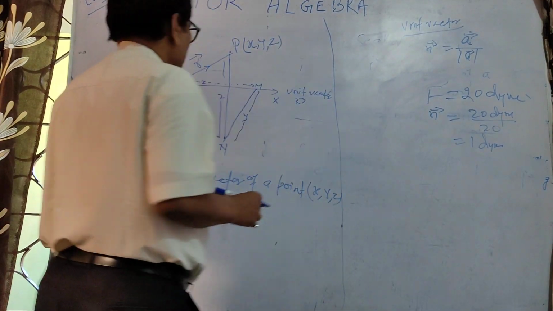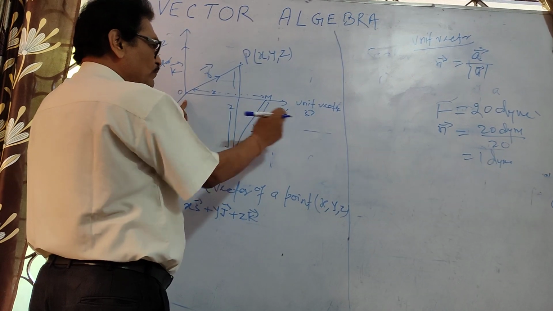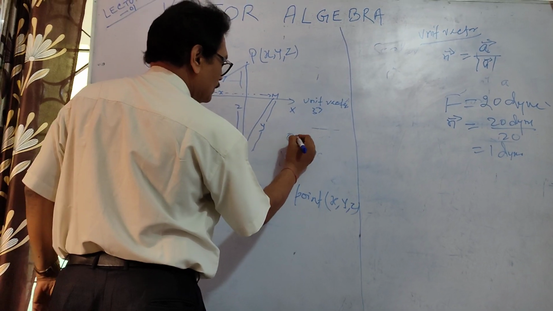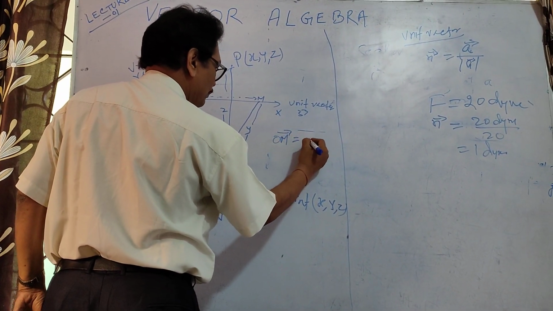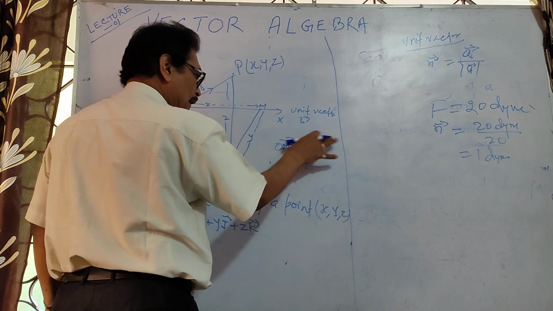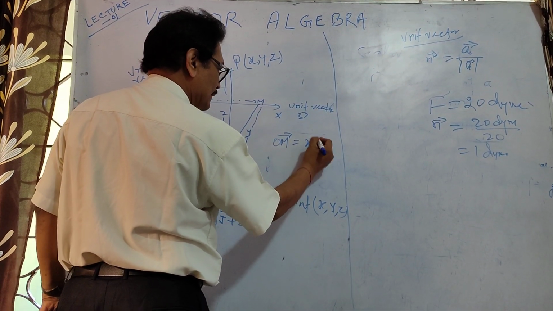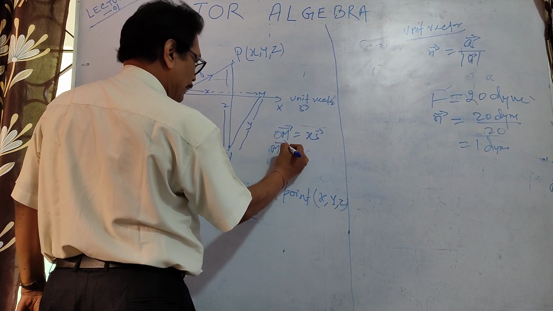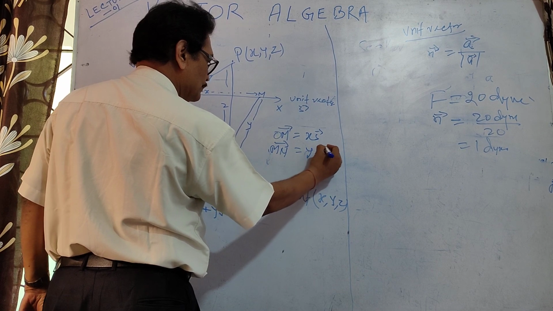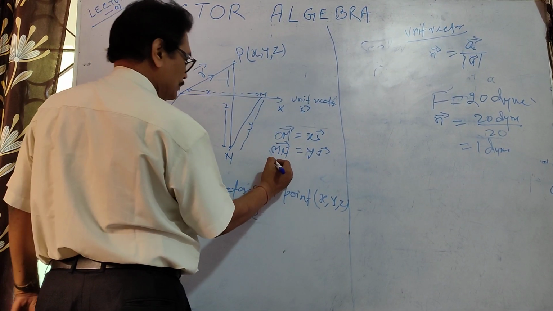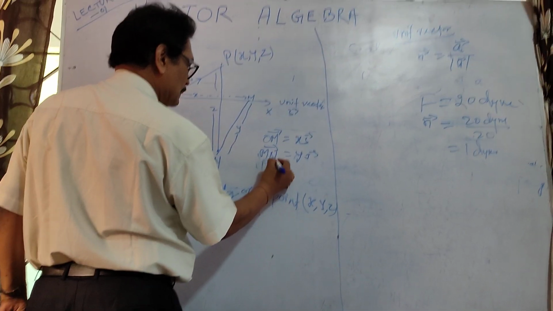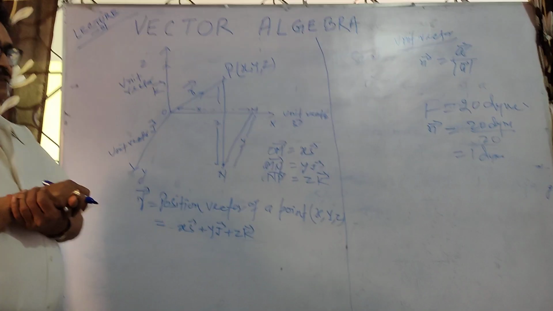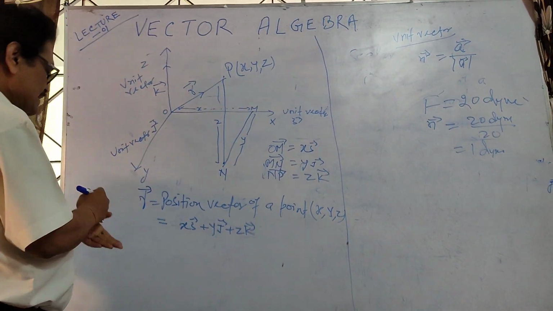Here, along x-axis, unit vector is i, so vector OM will be magnitude x times unit vector along x-axis, that is xi. MN is yj and NP is zk.